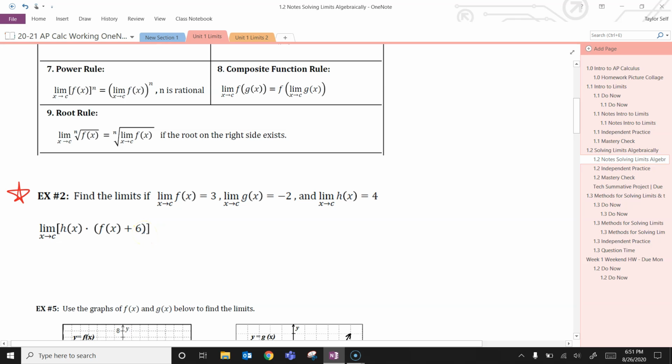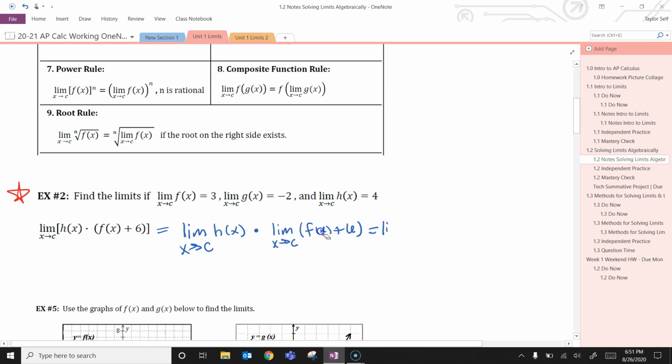All right, so by using limit properties, we can say that this limit is equal to the limit as x approaches c of h of x times the limit as x approaches c of f of x plus 6. All right, and then if we want to break that down even further using our properties, let's simplify really quick.